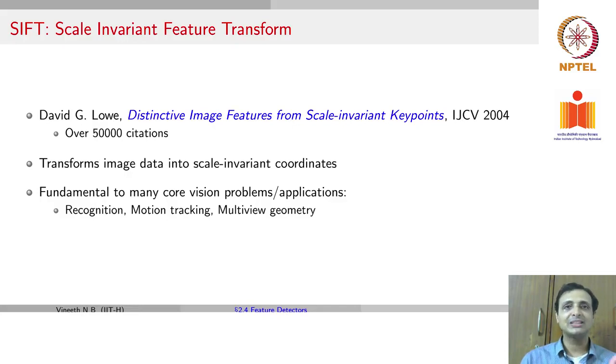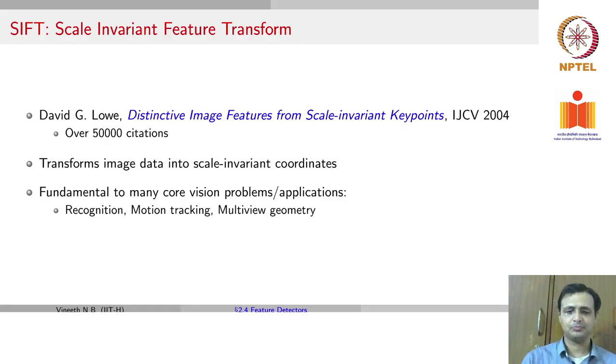A simple way of describing key points that we've seen so far is x comma y, which is the coordinate location of that key point. Maybe you can add a scale such as a sigma that we saw in the previous lecture. But now with SIFT, we're going to talk about a full-fledged feature descriptor that describes the local characteristics around that particular key point.